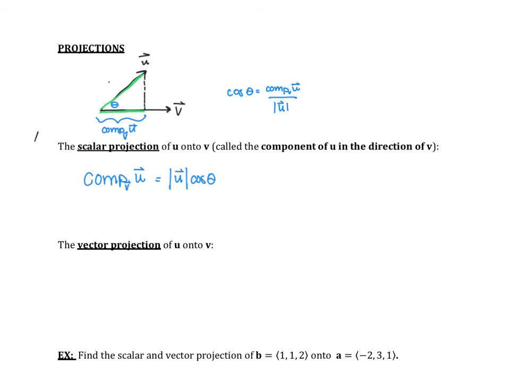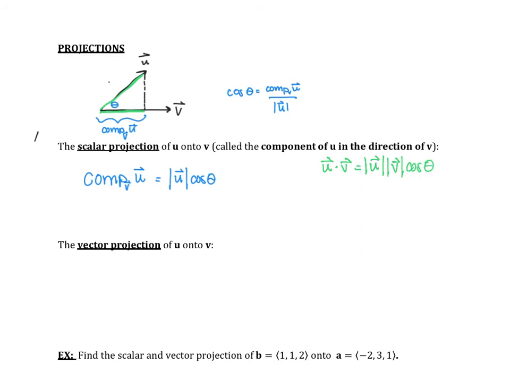Now, what do we know? We know from before that the dot product of u dot v is equal to the magnitude of u times the magnitude of v cosine theta.